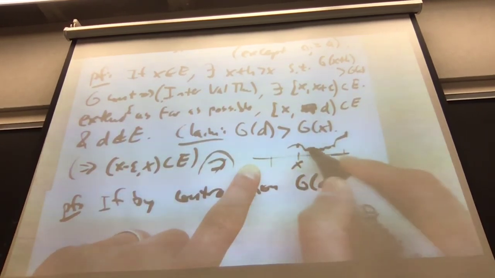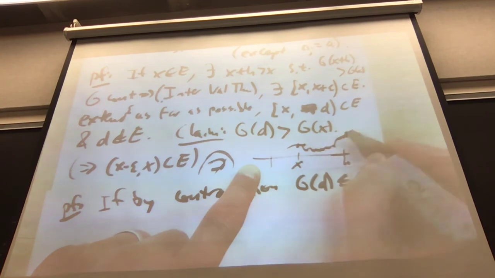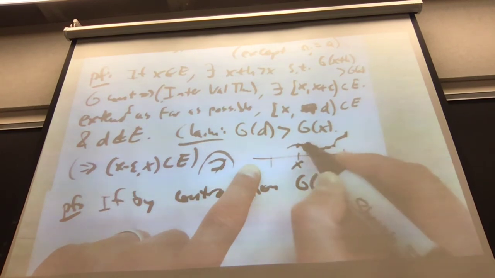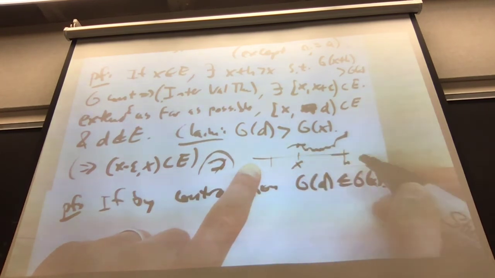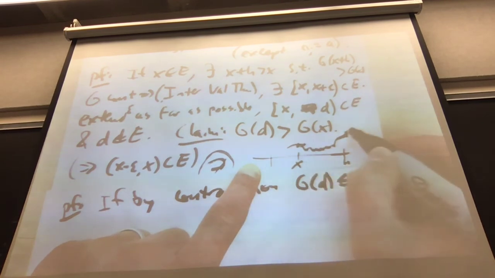Well, that means any value a little bit to the right can't go up by more than half of this amount. I can fix some interval that goes up by no more than half that amount. I don't even need the intermediate value theorem, I can just use continuity.